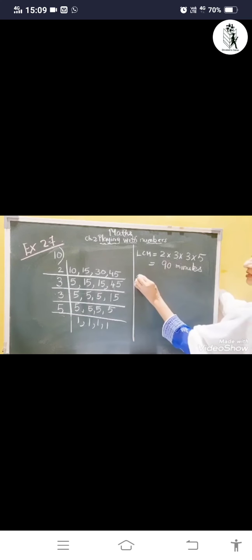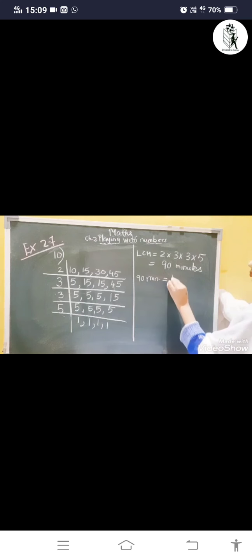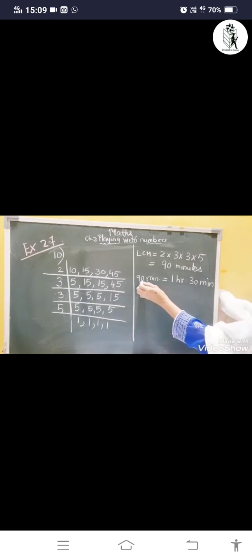Convert this 90 minutes into hour and minutes. So 90 minutes means 1 hour and 30 minutes, correct? Because 1 hour is equal to 60 minutes. So in this one is 60 and the other one is 30. So 90 minutes means 1 hour 30 minutes.